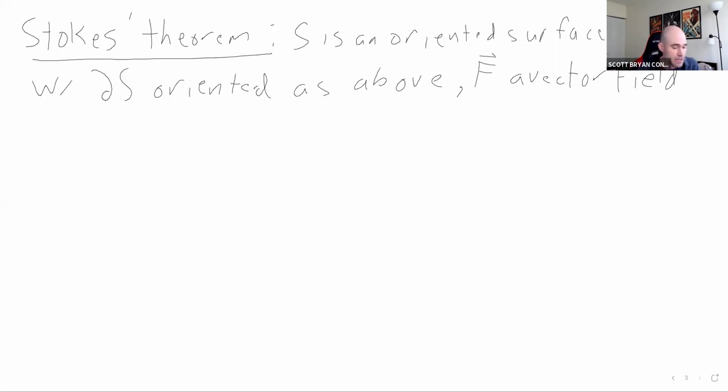And capital F is going to be some vector field that satisfies some technical criteria that's always satisfied in here, so don't worry too much about that. Then this is basically exactly like Green's theorem. We have the integral over the boundary curve of the vector field F, just like Green's so far.